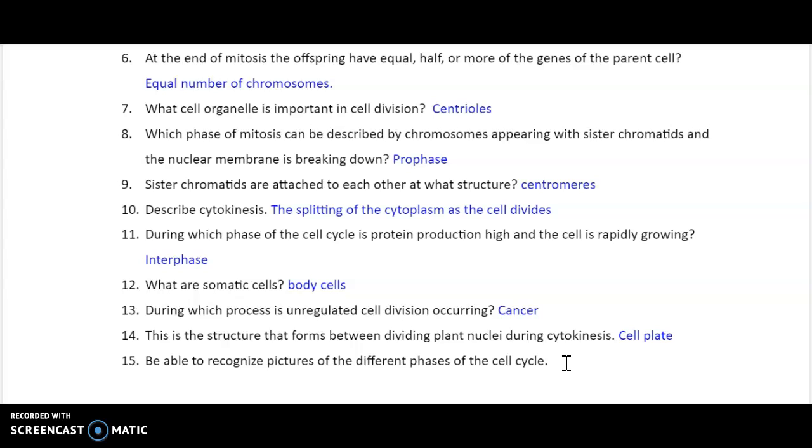Then the centrioles attach spindle fibers and they start pulling away from each other again. Ana means away. And then we have telophase, where we have two separate areas of chromosomes beginning to make two new nuclei, about to divide into two new cells.